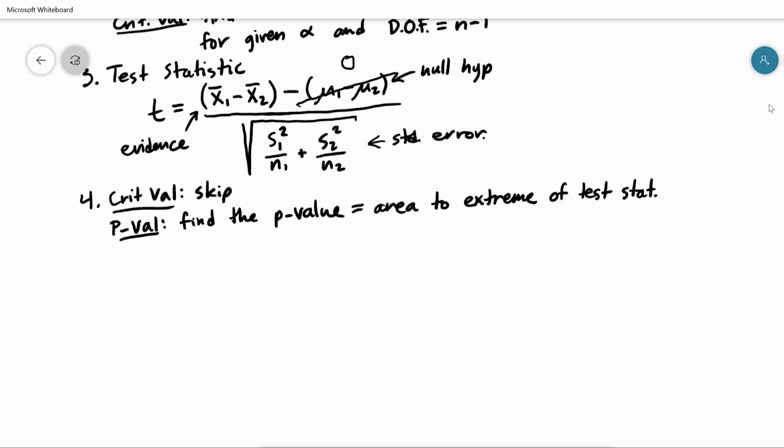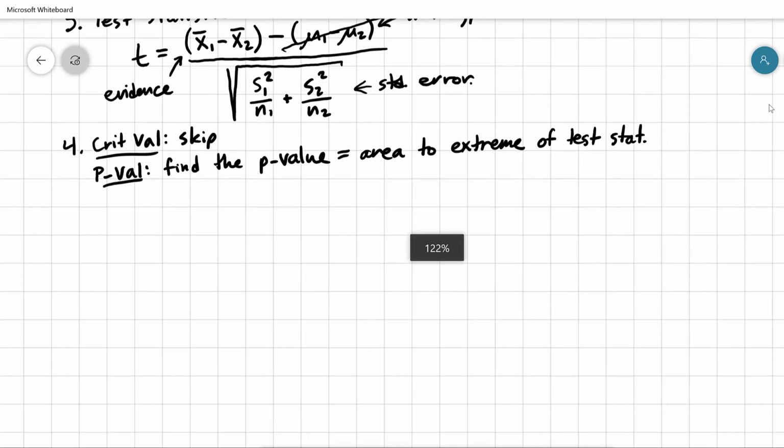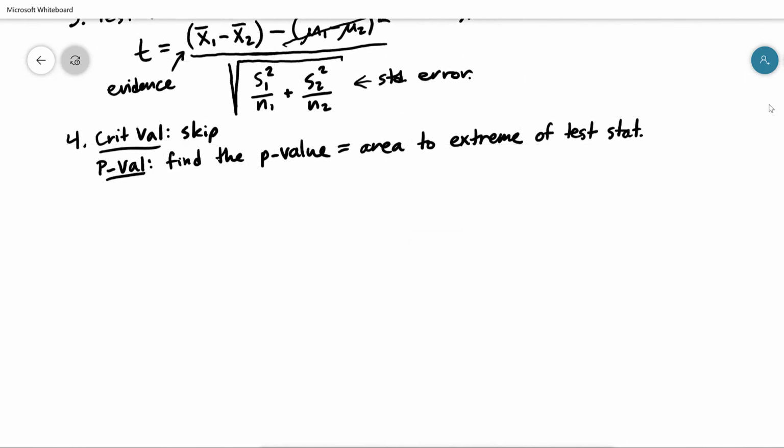And again, I've mentioned this in the previous videos, but let me make it extra explicit here. This is an important side note. The p-value is the probability of getting the results that we actually got. So the p-value tells us how likely, how weird is our evidence.